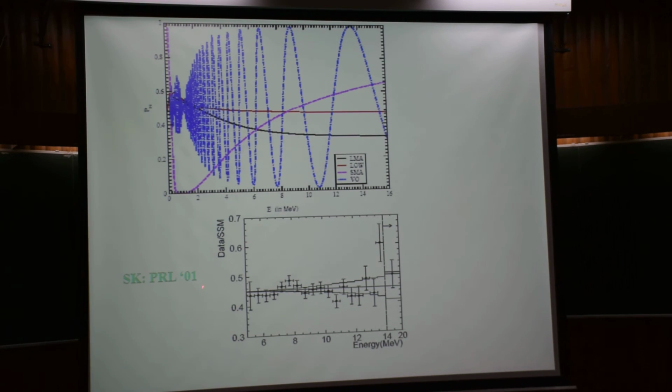Now what happened? Super-Kamiokande gave you the energy dependence, and you showed from 5 to 14 MeV it stays within plus minus 10% of 0.45. So it remains between 0.4 and 0.5, within 20%. So there is no way the small mixing solution or the vacuum solution will be compatible.